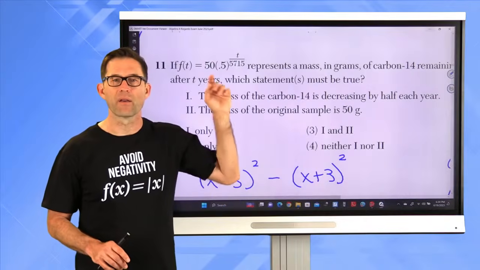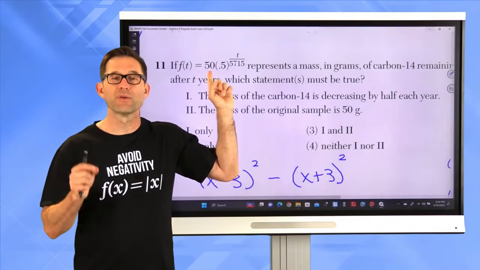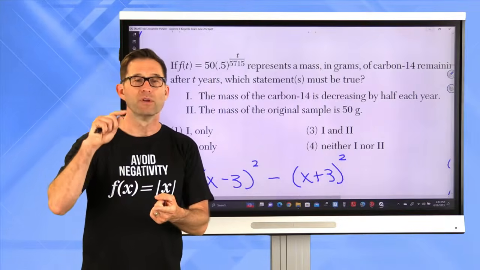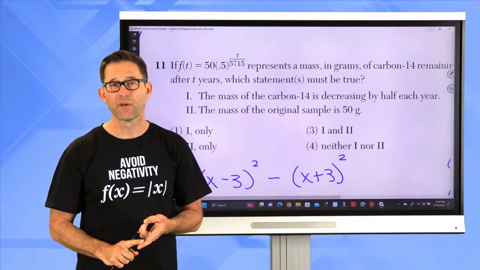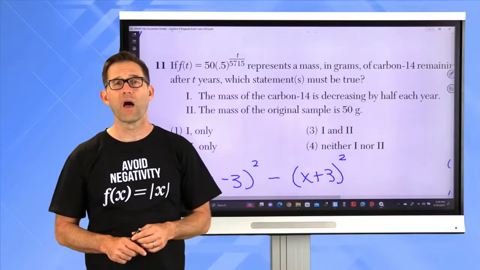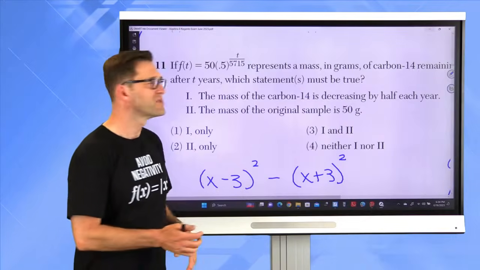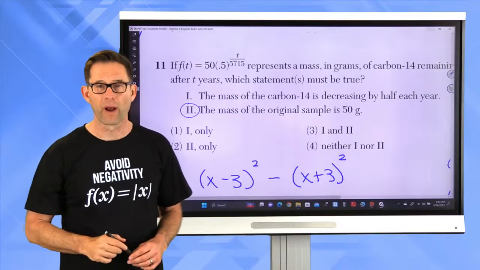In exponential modeling, almost always, the number sitting out front is the original size of whatever it is: the original investment, the original radioactive material that's decaying, which is what's going on here, the original population of llamas. So the mass of the original sample is most certainly 50 grams.